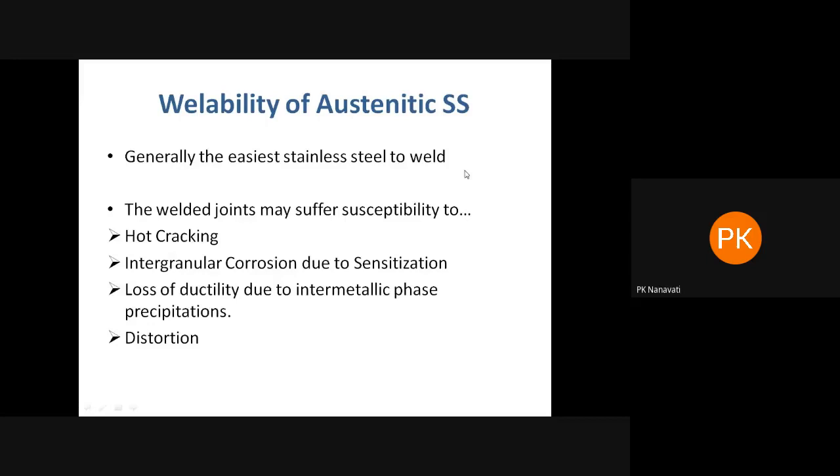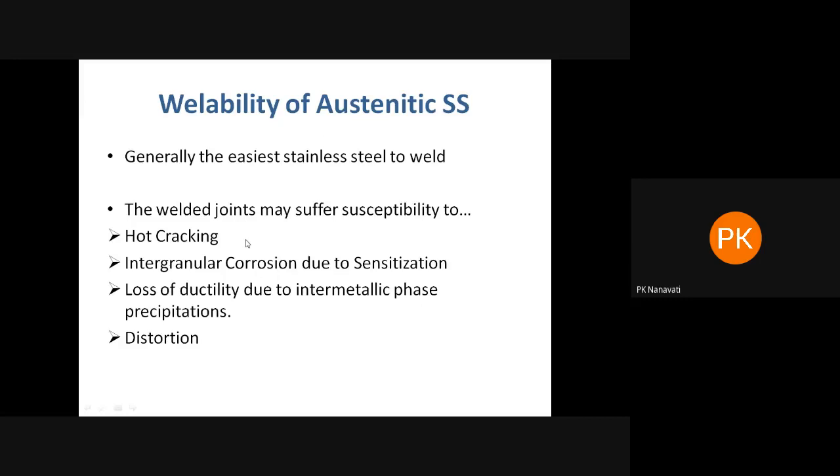Okay, now if I have to discuss the weldability of austenitic stainless steel, generally it is the easiest in the stainless steel family to weld. This stainless steel family contains many stainless steels, but this one is the easiest to weld. But there are certain issues or susceptibilities, some problems related to weldability.